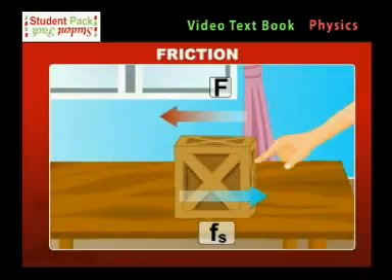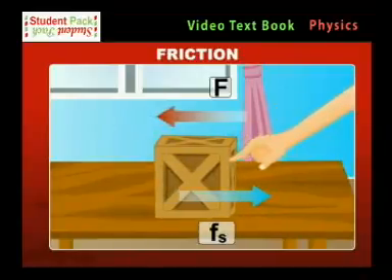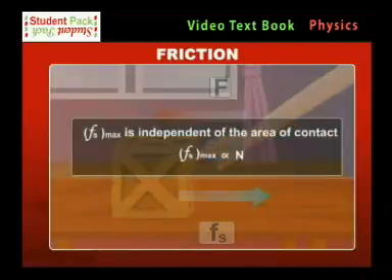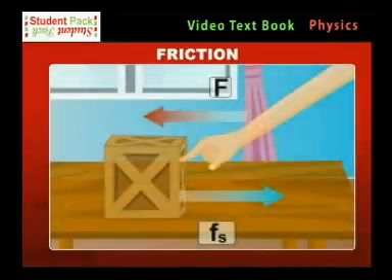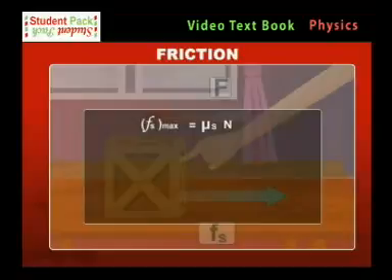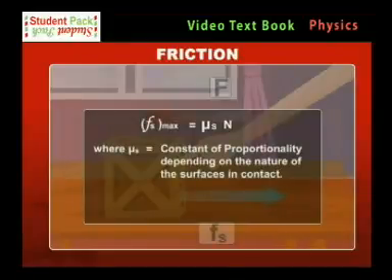It is found experimentally that the limiting value of the static friction, which is Fs max, is independent of the area of contact and varies with the normal force N approximately as Fs max equals mu s into N, where mu s is a constant of proportionality depending on the nature of the surface in contact.